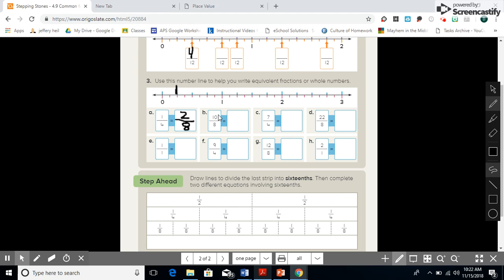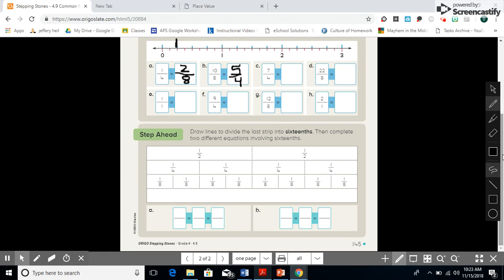On B, I see 10/8, so I know it's going to be past 1, so this would be 8/8 would be equal to 1. So 9, 10/8 would be right here, which would be 5/4. So use that number line to help you. Do C, D, E, F, G, and H on your own.